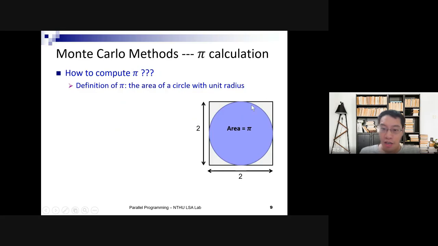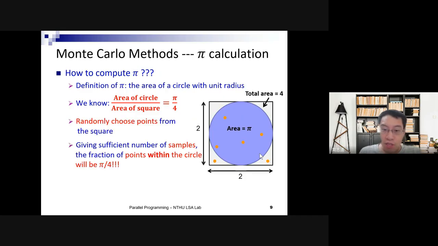If we randomly generate some coordinates in this area, we do know that the probability of a sample coordinate falling into the circle is pi over 4, because that's the area of the circle divided by the area of the square. So we know that probability.